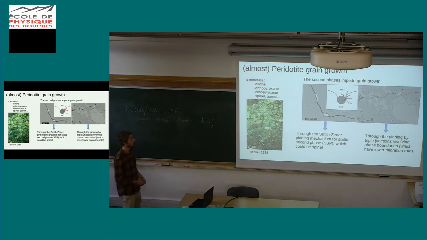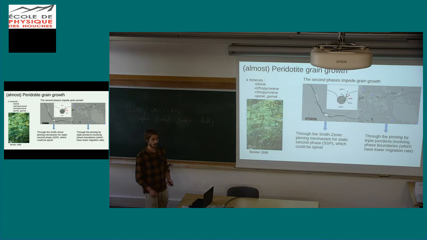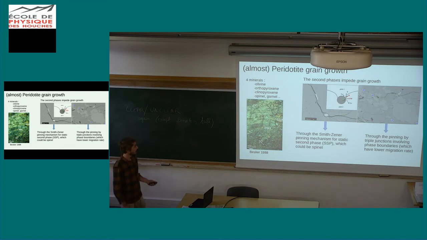And generally, the presence of second phases has the effect of impeding the grain boundary migration and so reducing the grain growth kinetics. Here you have two images of peridotite from the French Massif Central. Here it's an olivine grain boundary, which is pinned by spinel particles.